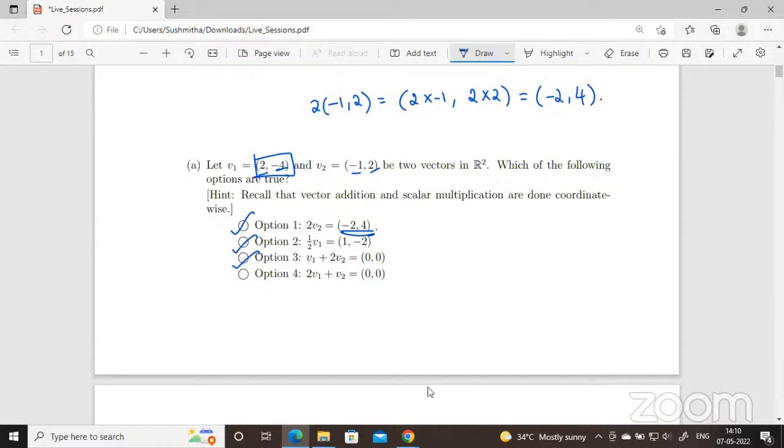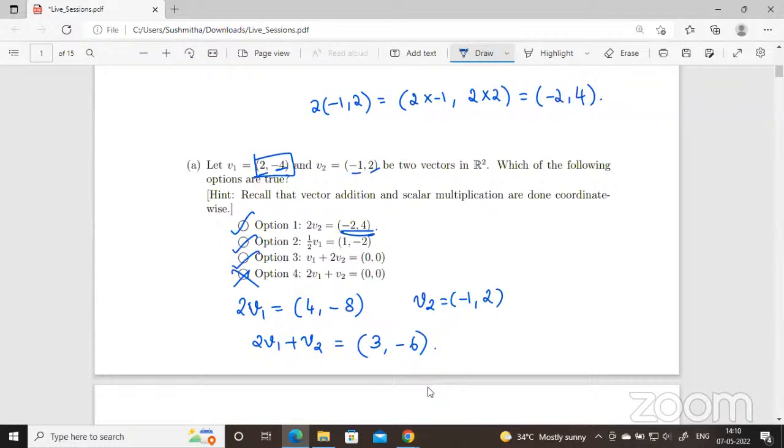Now 2v1 plus v2: 2v1 is (4, -8) and v2 is (-1, 2), so 2v1 plus v2 is (3, -6). So this is not the right option.